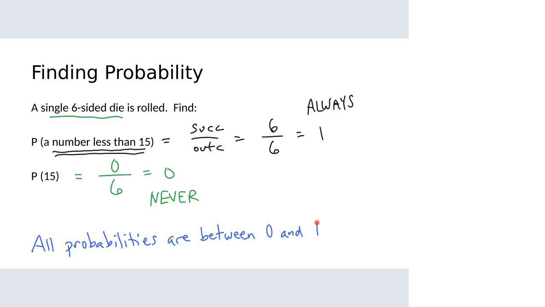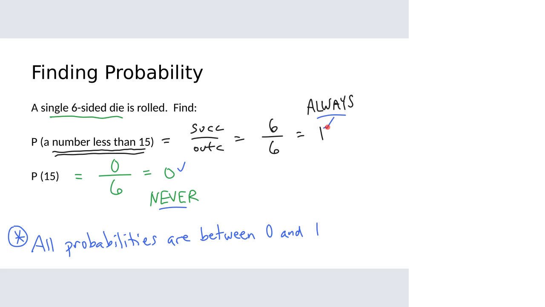Something that can never happen has a probability of 0. Something that will happen every single time has a probability of 1. So all of our probabilities are between 0 and 1.